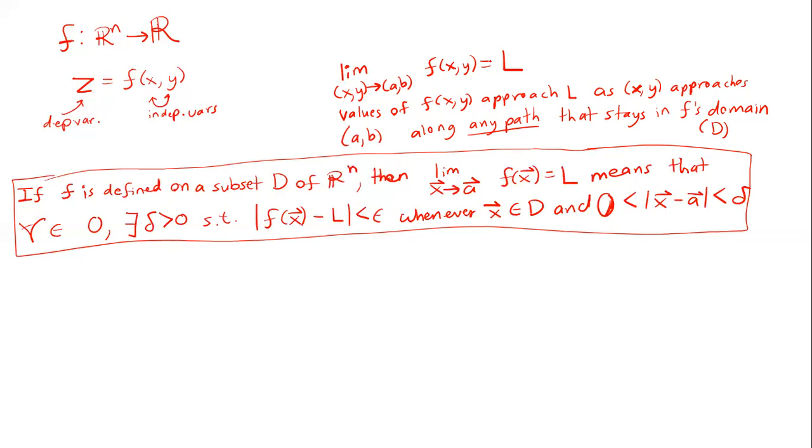And so you can also see that this is the generalization of the statement that's up here, which said essentially no matter how you approach this (a,b) point, which here would be this vector A, no matter what path you're on, you still have to be able to eventually get the same number for f(x,y). And so now let's move into derivatives.